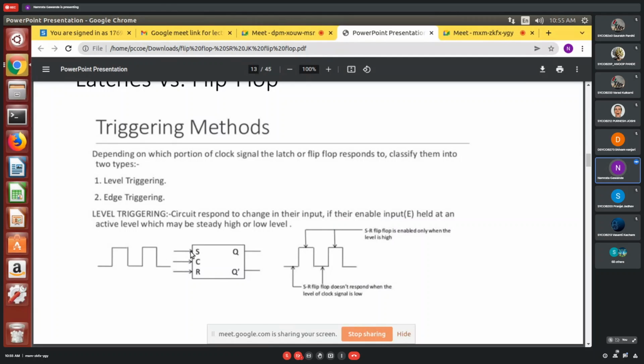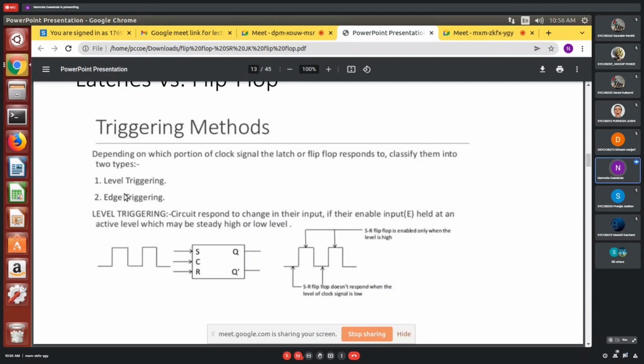See, there is a concept of level triggering and there is a concept of edge triggering. Level triggering means what? Here you know this square wave, right? This is here it is given. Now in this particular part here you can see this arrow mark. Here SR flip-flop is enabled only when the level is high. See, in the latch we generally use the level triggering, and in the flip-flop we generally use the edge triggering.